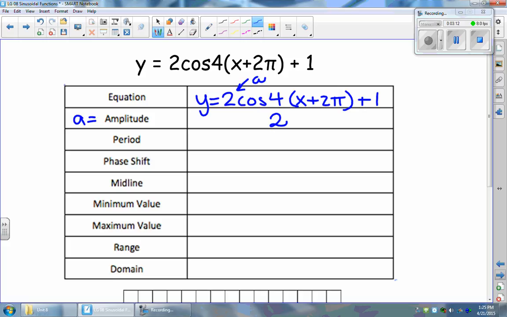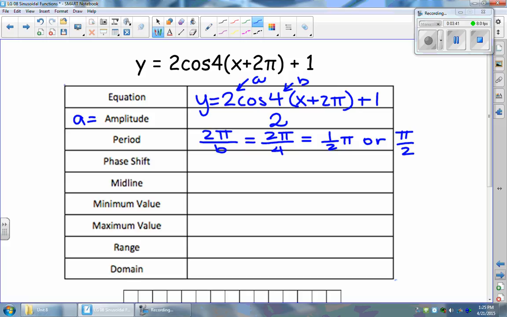Our period we can determine using the equation 2 pi divided by B. Remember that this is our B value. So 2 pi divided by 4 gives us 1/2 pi, or you can write it as pi over 2. So that means that our graph repeats every pi over 2 units.